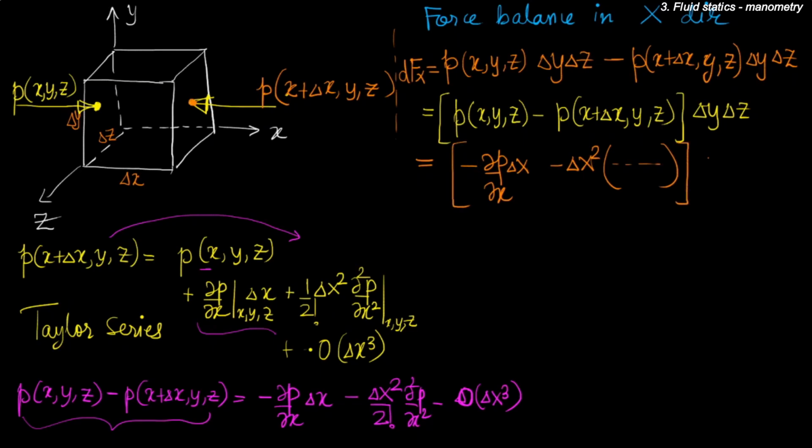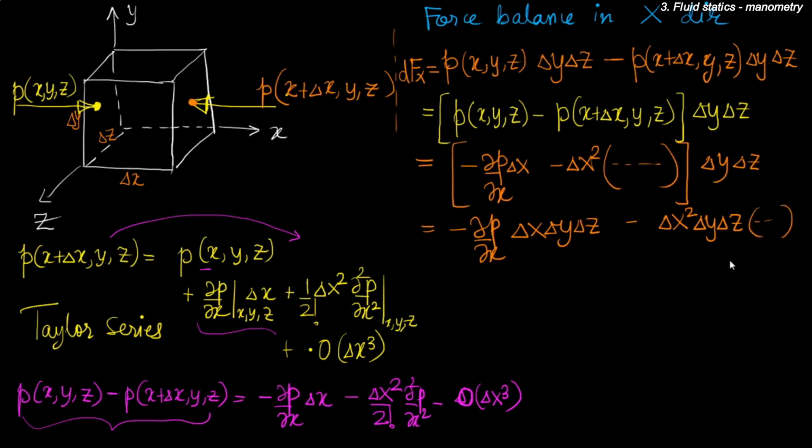This multiplied by the area that we had taken out, so this becomes minus del P del x times delta x, delta y, delta z minus delta x square, delta y, delta z times the other higher order terms. Now delta x, delta y, delta z can be identified as delta V, that is the volume of the fluid element. So let us divide everything by the volume.